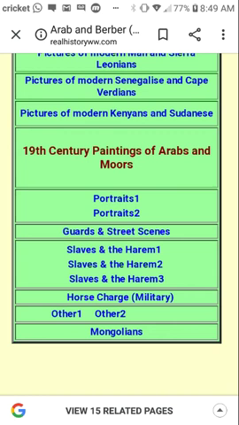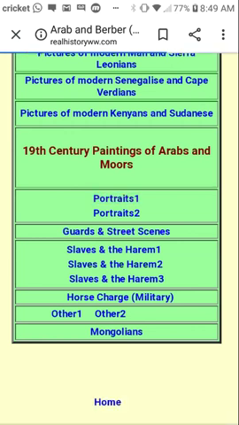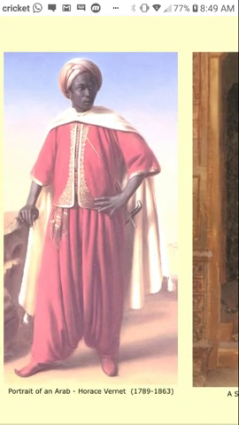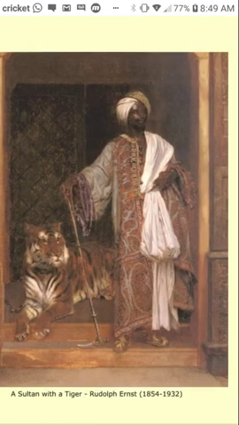And you can go through here and see 19th century paintings of Arabs and Moors, which was in the 1800s. So click on portrait number 1. It shows you what Arabs and Berbers would have looked like, guys. And let's look. This is clearly a black man. Portrait of an Arab by Horace Vernet, 1789 to 1868. Arab, black man. A Sultan with a Tiger, Rudolf Ernst, 1854 to 1932.